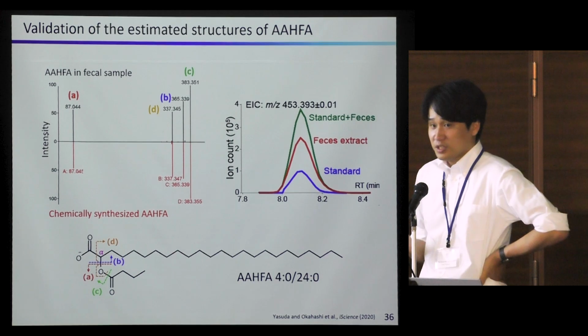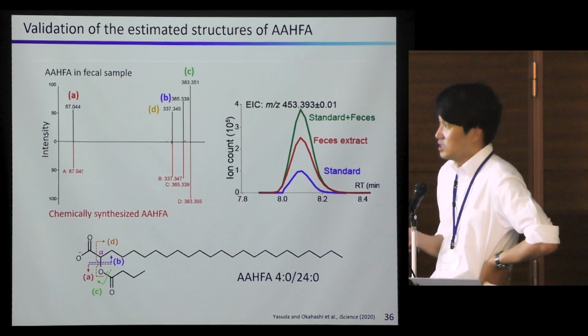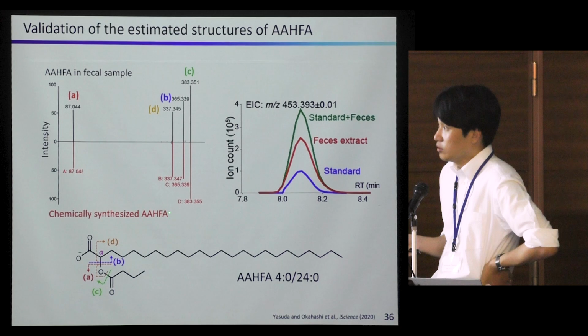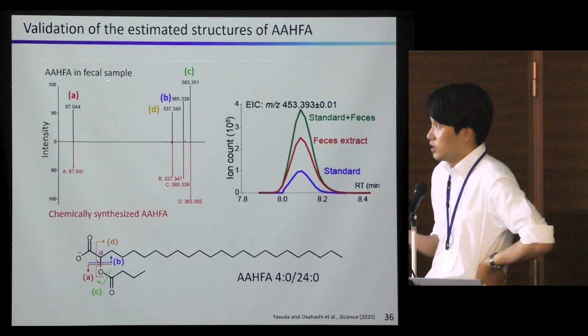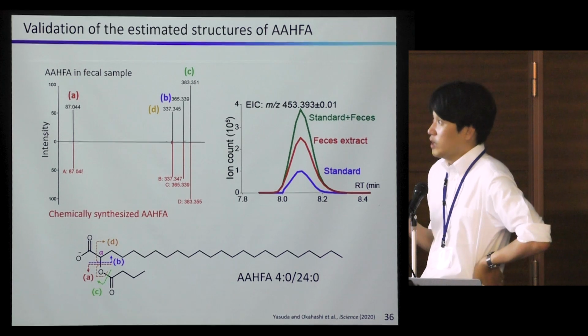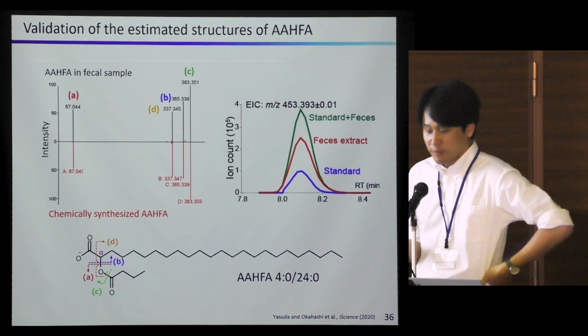We needed to validate this estimated structure, so we synthesized the chemical compound of alpha and analyzed it, and we could successfully identify the similarity of spectra and retention time. So we can validate the estimated structure of alpha.